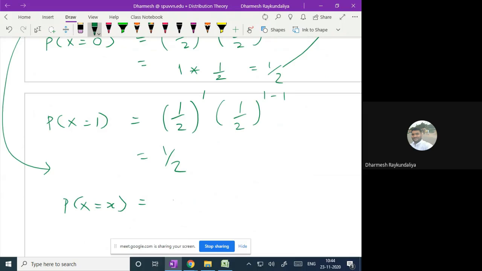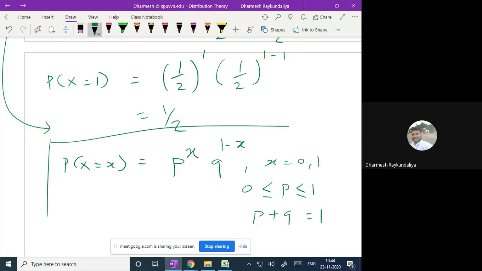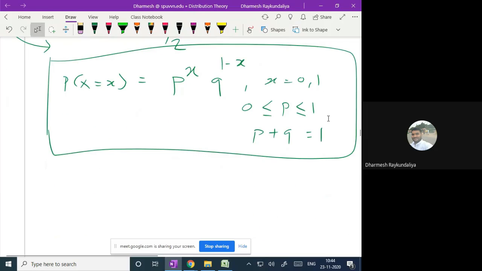Instead of p equal to half, we say p raised to x, q raised to 1 minus x, x equal to 0 and 1, and p lies between 0 and 1, and p plus q equal to 1. Then this equation is known as a Bernoulli distribution. So Bernoulli has given the concept of this distribution, and therefore the distribution is known as a Bernoulli distribution.